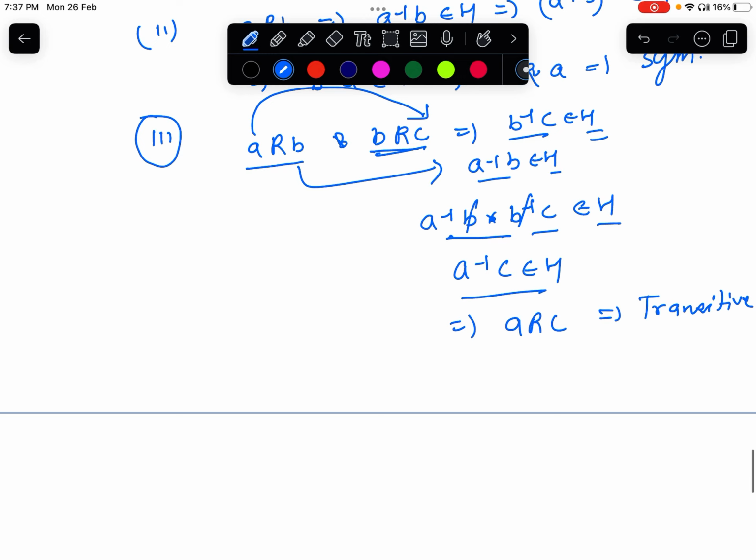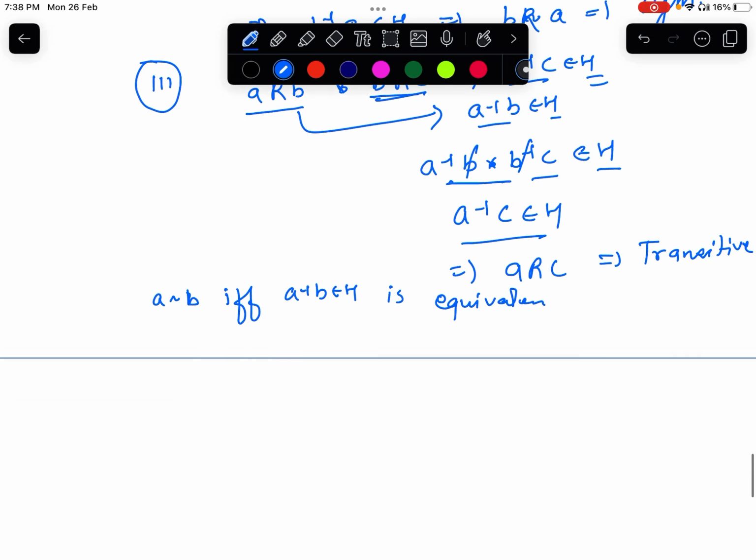Hence, this relation defined by a is related to b if and only if a inverse b belongs to H is an equivalence relation. And we know that for an equivalence relation, the equivalence classes will partition the whole set. So G is equal to the union of equivalence classes, i from 1 to r.